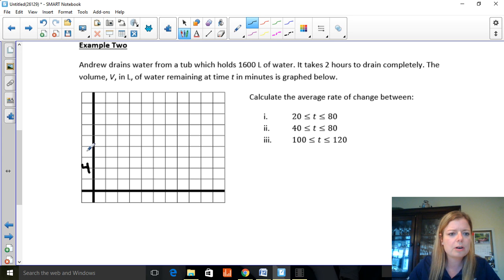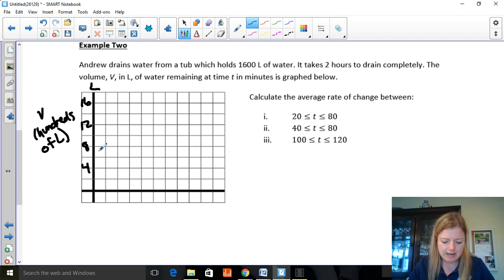So here's 4, 8, 12, 16. Okay, those are the liters, and that's in hundreds of liters. So volume in hundreds of liters. Okay, and then we have our minutes on the independent axis here.